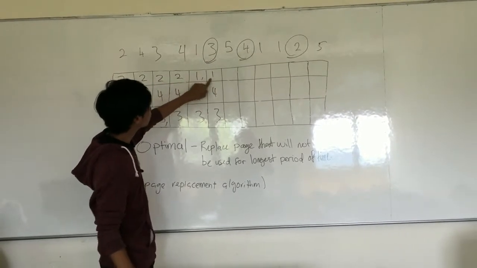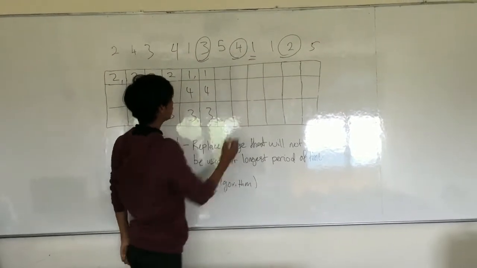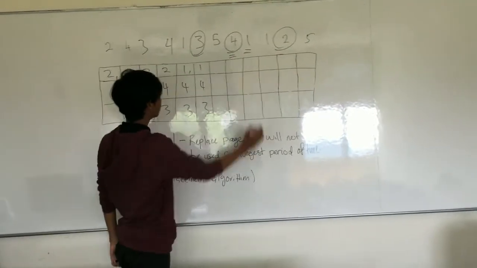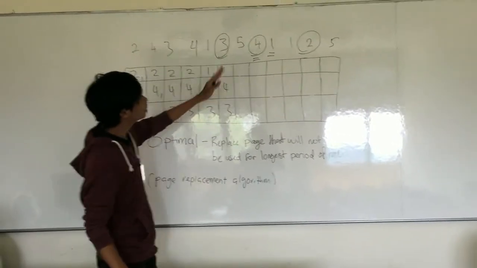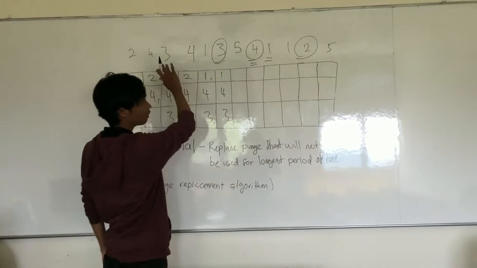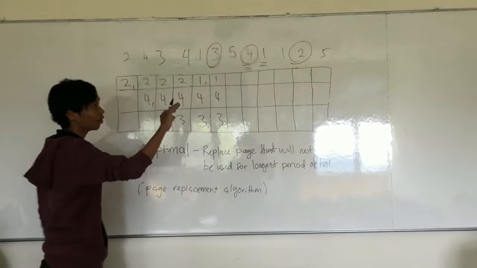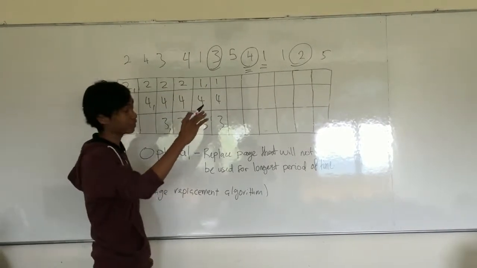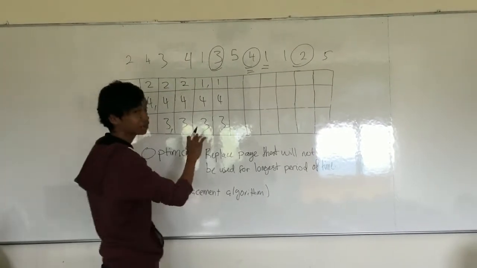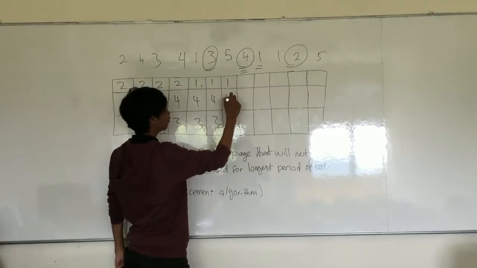So number 1 is here. Number 4 is here, and number 3, okay, we don't have number 3 in our reference string, so it means it has to be unknown or the period will be longer, so we have to replace number 3. So it will be 1, 4, 5.